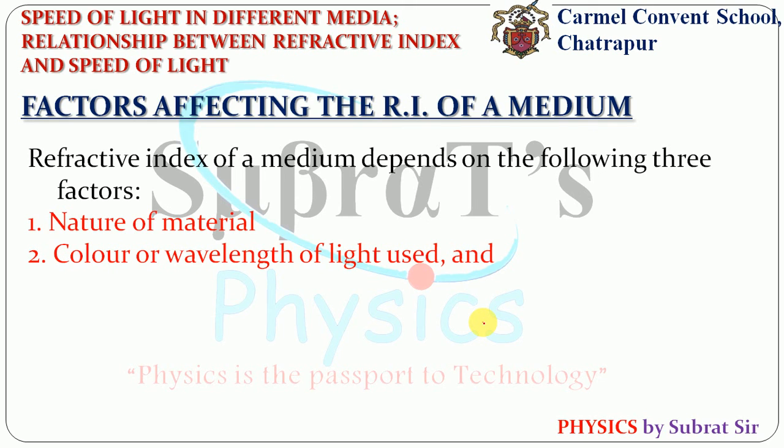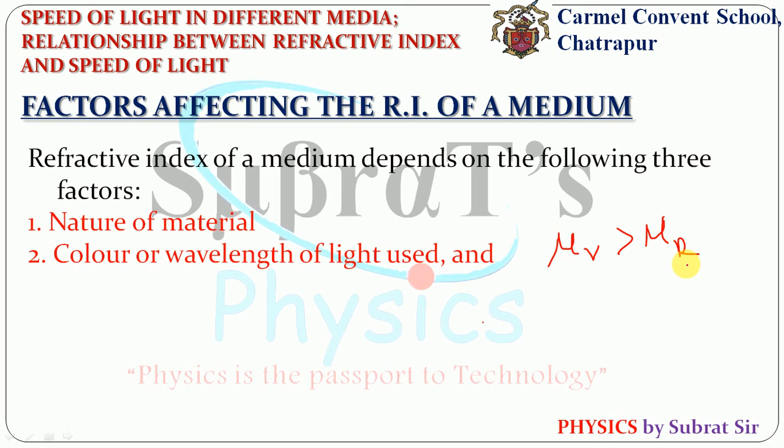Therefore the refractive index of the medium is maximum for violet light and least for red light. So we can write mu v is greater than mu r, where mu v is the refractive index for violet and mu r for red light.